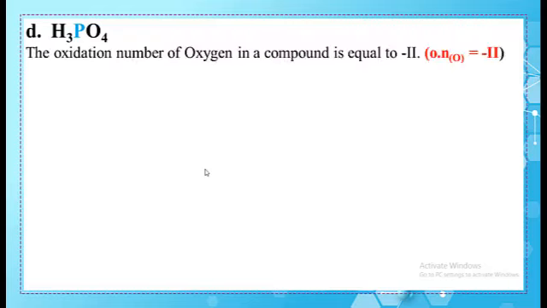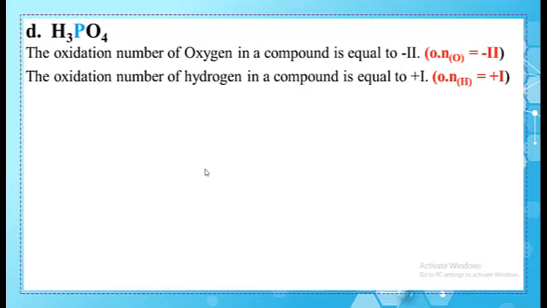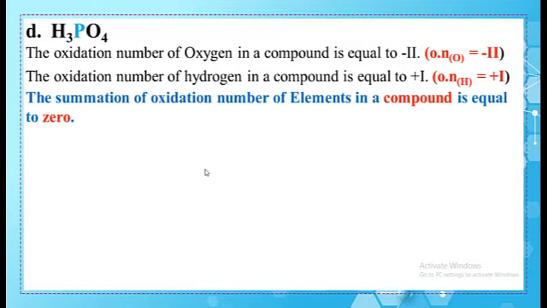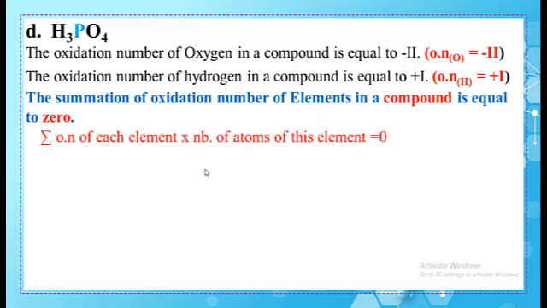The last one, the oxidation number of phosphorus in H3PO4. You know that the oxidation number of hydrogen and the oxidation number of oxygen in compounds are equal to +1 and -2 respectively. So now you say that the summation of the oxidation numbers of elements, as you studied, is equal to 0. The summation of the oxidation number of each element times the number of atoms of this element equals 0.